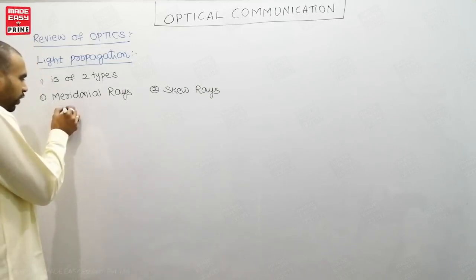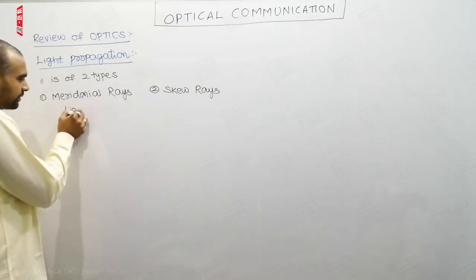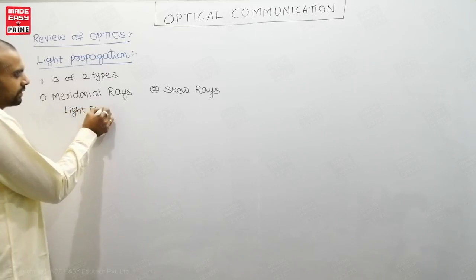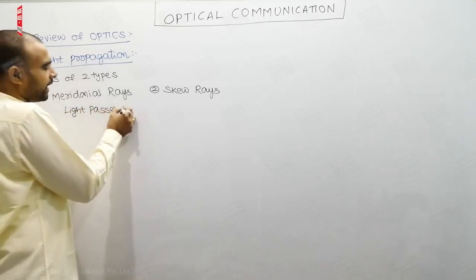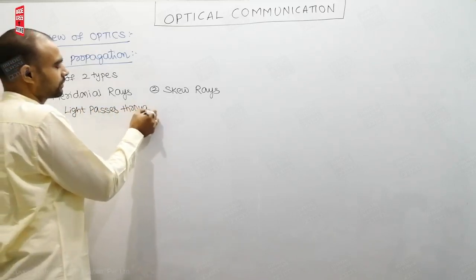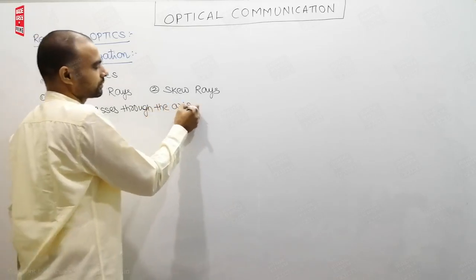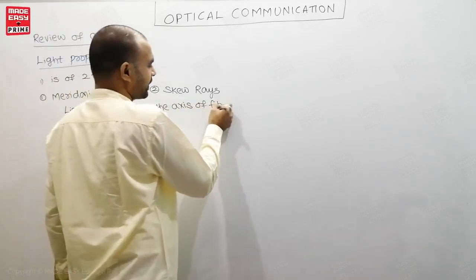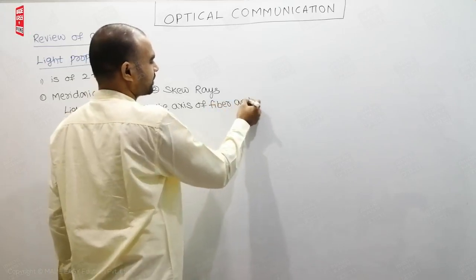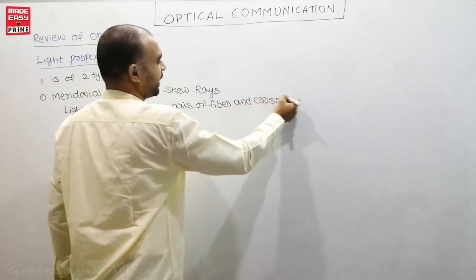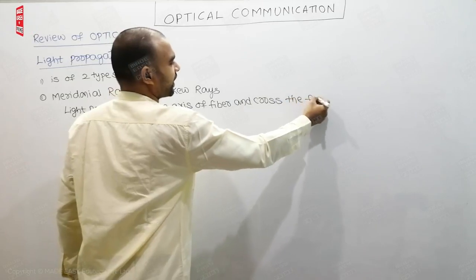That means in meridional rays, light passes through the axis of the fiber and crosses the fiber also.